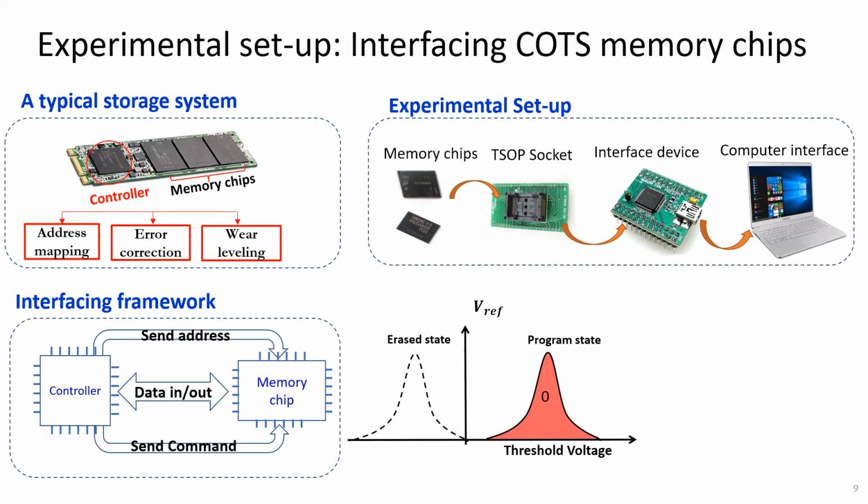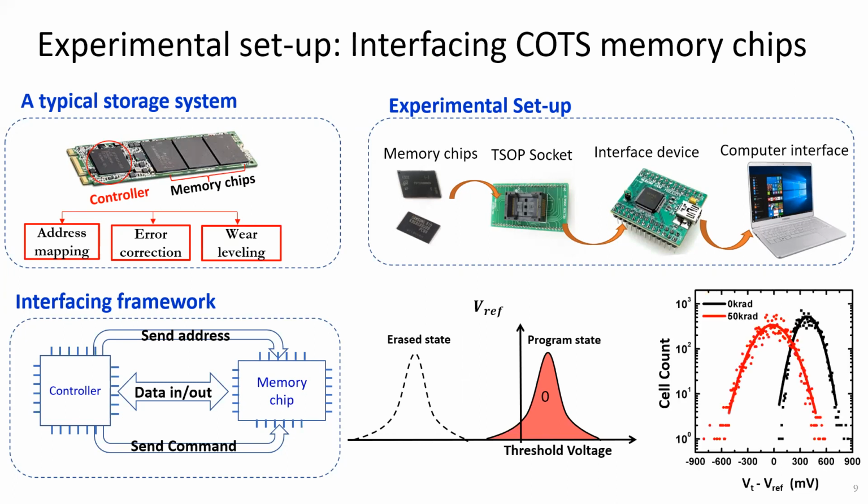Even though we are sending digital commands, it changes the voltage in an analog fashion inside. That's how we can change the reference voltage, and measure the threshold voltage distribution of all the bits inside the chip. That's an example of how we characterize the memory array.